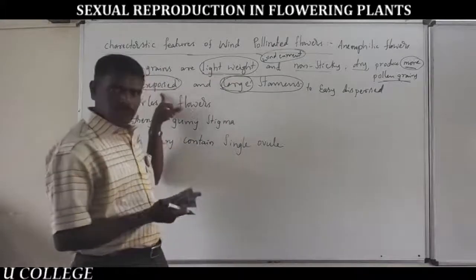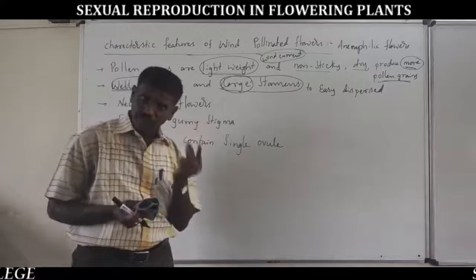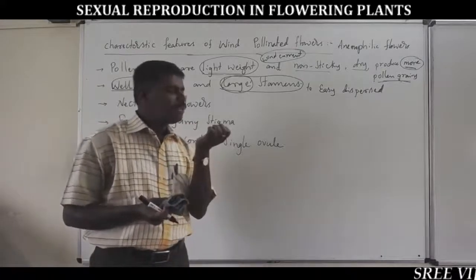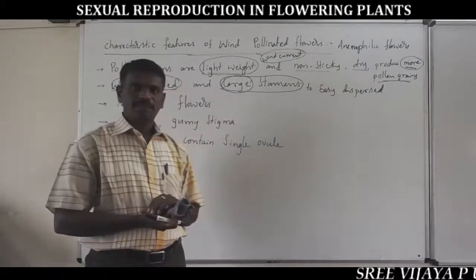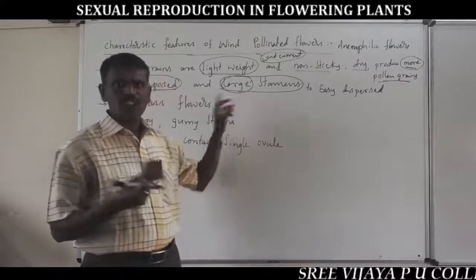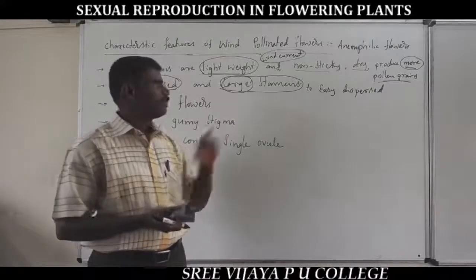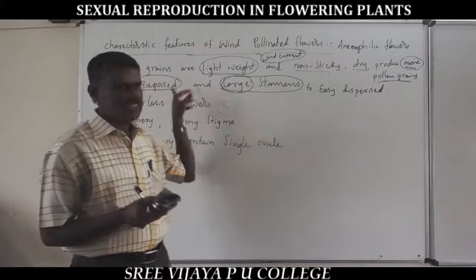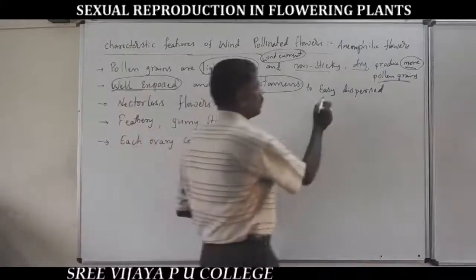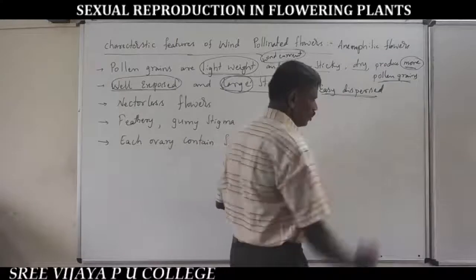The stamen is present a little bit above the flower, and the large anther, when compared, helps the pollen to be easily dispersed.